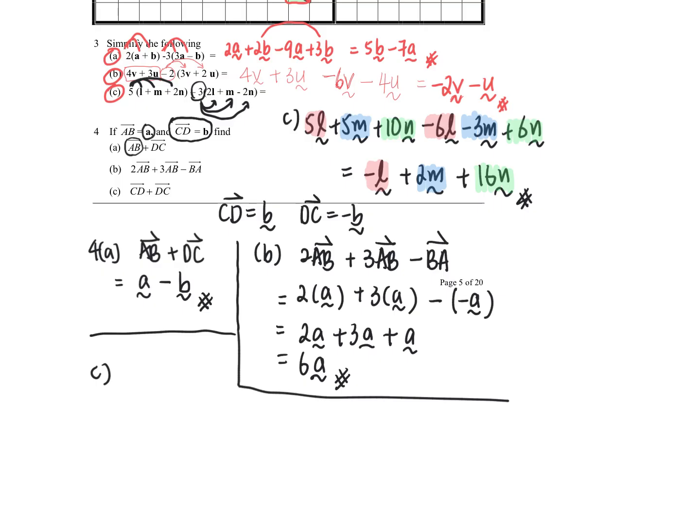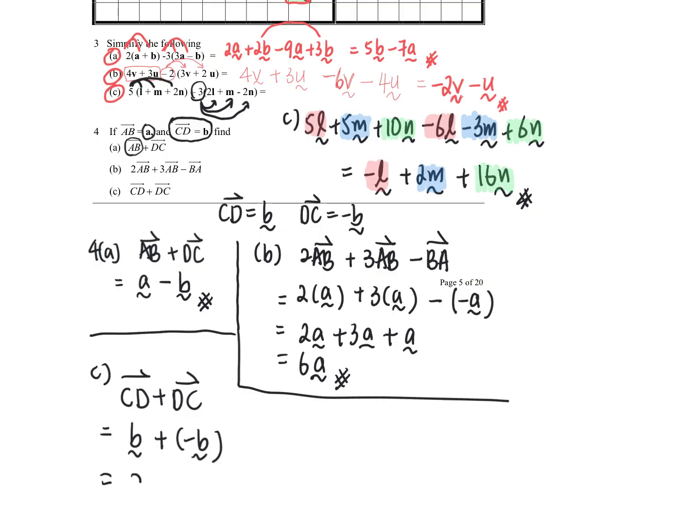Okay, last one is C. To move from C and then move back from D to C, you are going back to the original point. So let's see this one. This is B, right? Moving from C to D is B. Moving from D to C is negative B. Can you see that they become nothing?